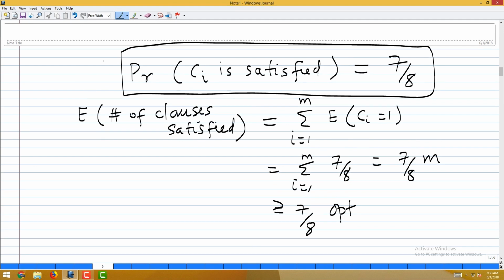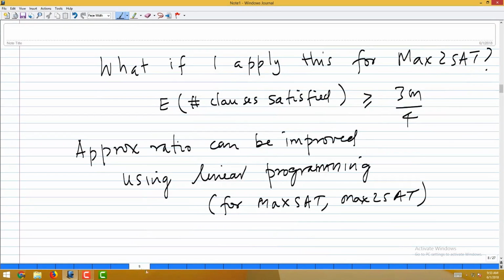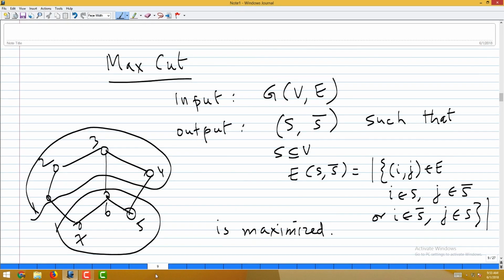So, you go to an edge and ask what is the probability that this edge is between S and S bar. I do not want answers quickly, I just want somebody else to answer. An edge is crossing the cut if one of the two happens. Looking at the endpoints, this one must be in S and this one in S bar, or this one is in S bar and this one is in S. So, what is the probability of that happening?